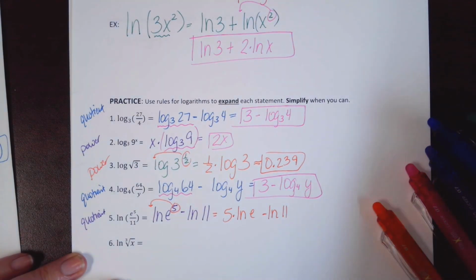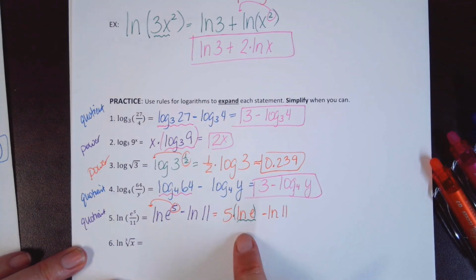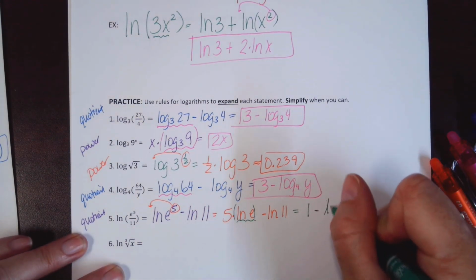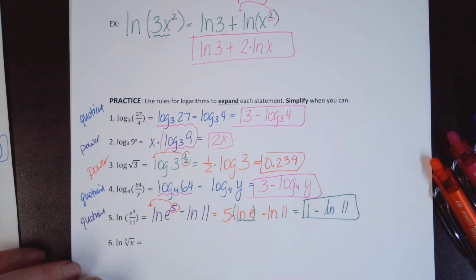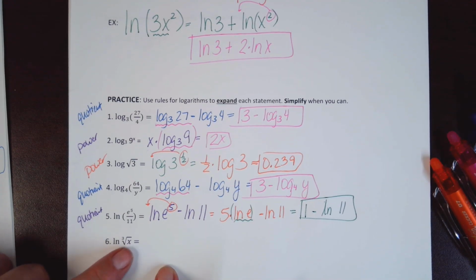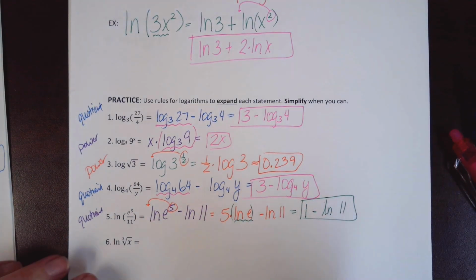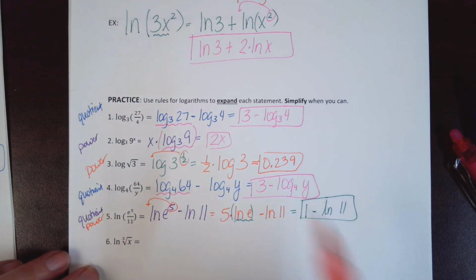And right here, natural log e, what's the exponent on e that gives me e? Well, that's 1. 5 times 1 is 5, minus natural log of 11. Alright, and then this last one on this page, again I've got a radical. Oh, you know what? I used the quotient rule and then I used my power rule. Let's note that. We used the quotient rule and then we used the power rule here.